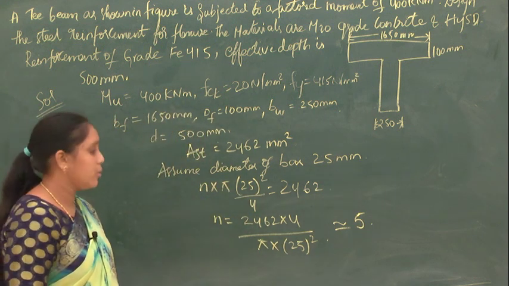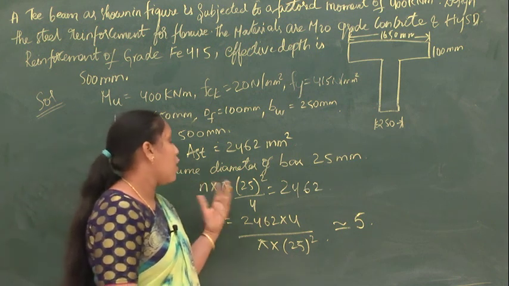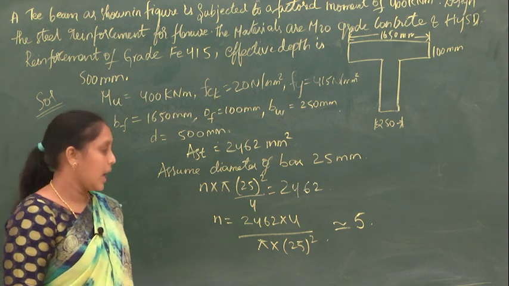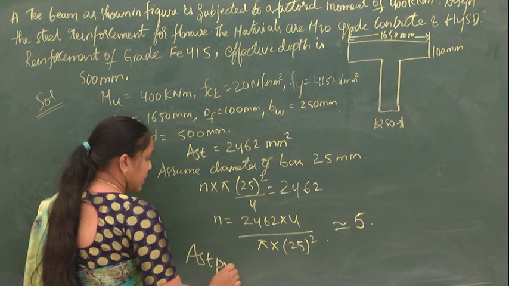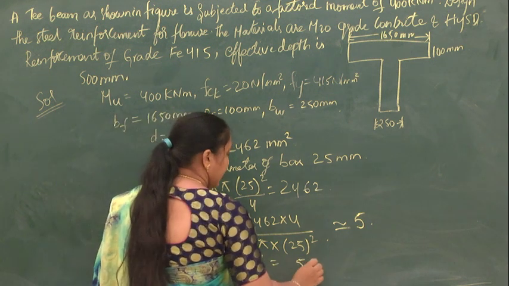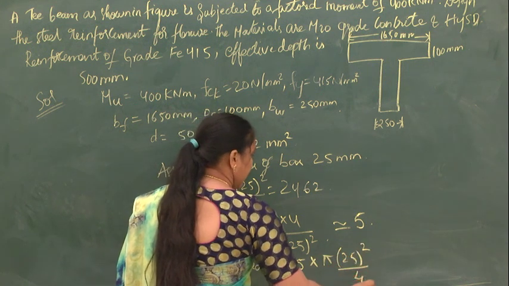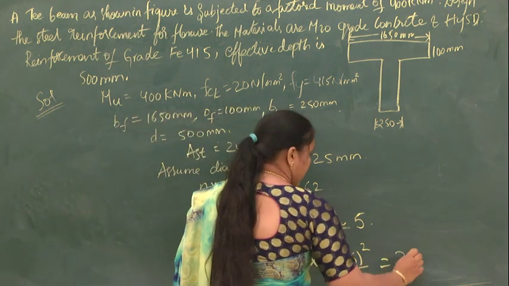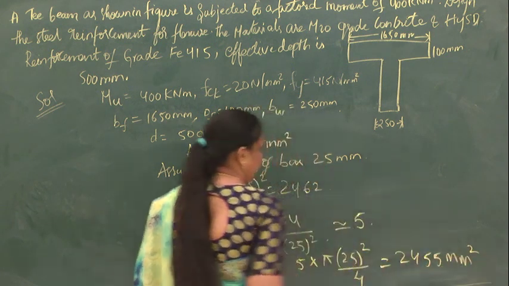So how many bars do you have to provide here? We have to provide 5 bars and the diameter of each bar is 25 mm. Now let us calculate the AST which is provided. The AST provided is 5 into pi d square divided by 4, which gives a value of 2455 mm square.